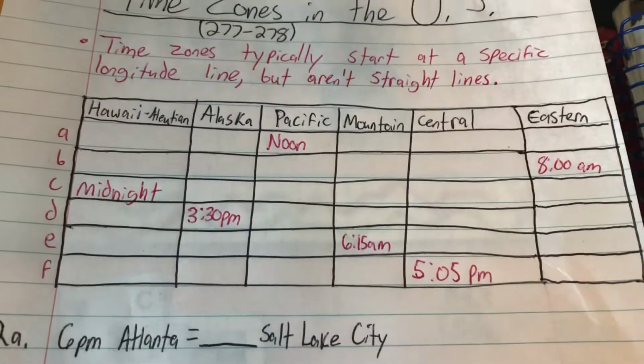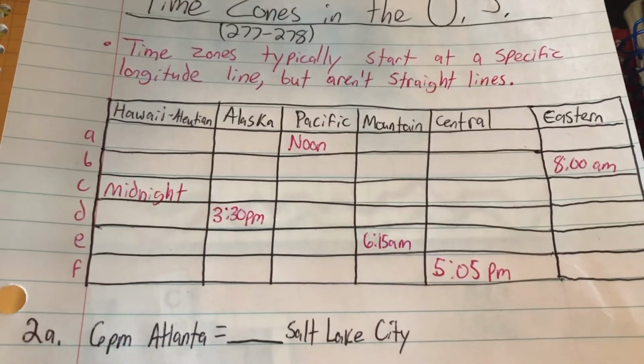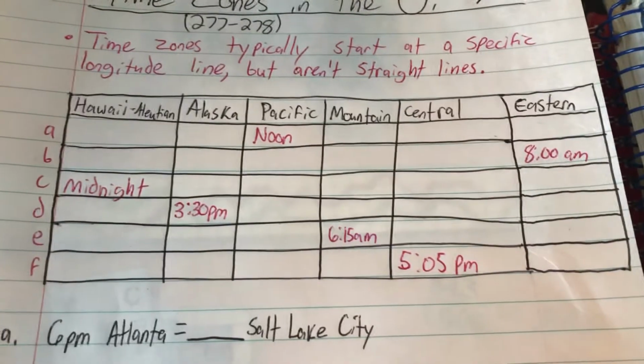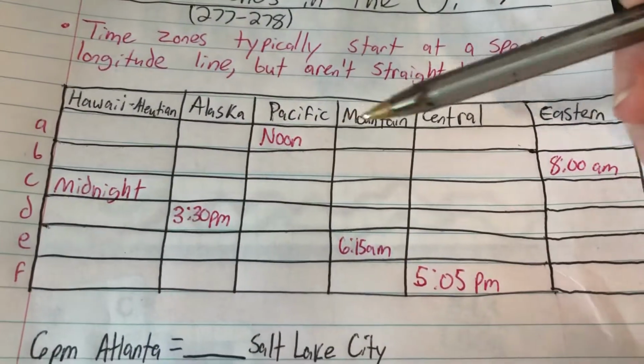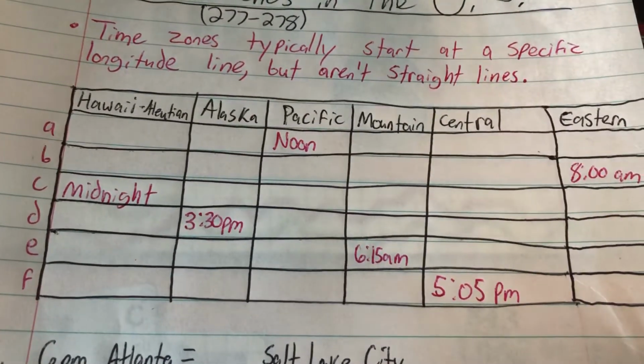So we did one of these charts yesterday where it gives us certain times in a specific time zone, and then we have to figure out what the time will be in those other time zones. And as a reminder, when we go to the east, we gain an hour each time. When we go to the west, we lose an hour each time.